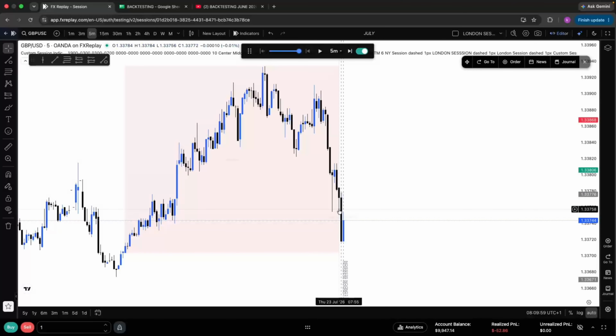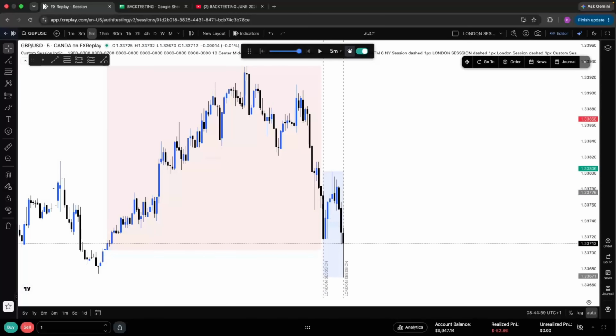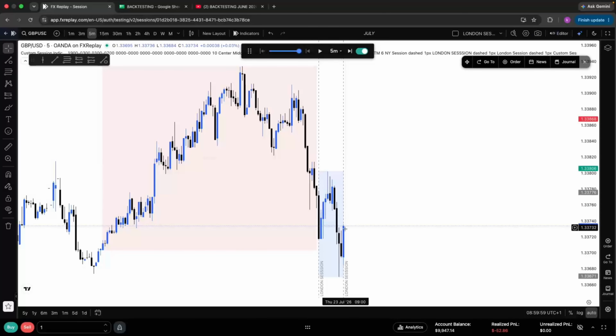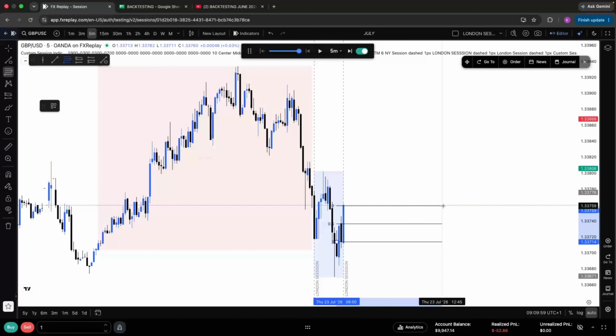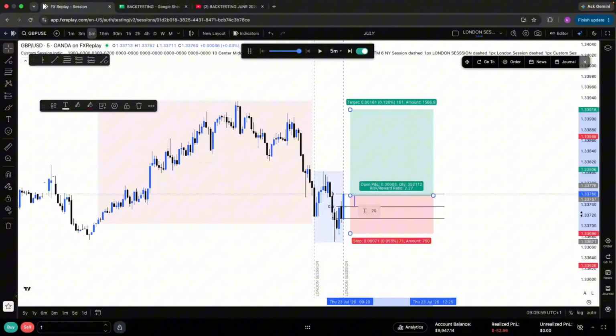8 a.m.'s hit. Tested the lows. Okay, now it's closed beneath the lows. Let's create a new high. So 51, so 71. 1 to 3.